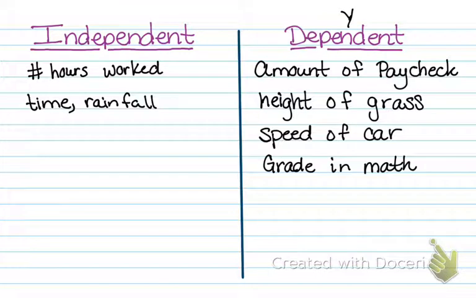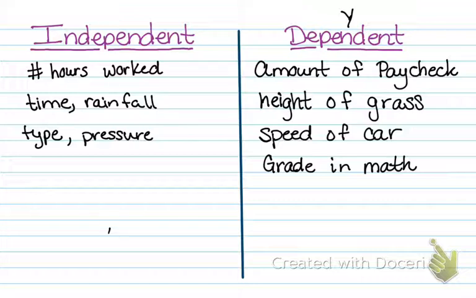We think about speed of the car. Lots of things can impact that. So it's dependent upon maybe the type of car. Maybe it's a sports car. How much pressure we put on the gas pedal. Maybe you have nitrogen in your car, and maybe it's the level of nitrogen that you have if you're talking about some kind of speed racers.